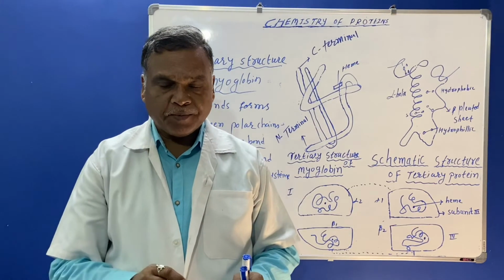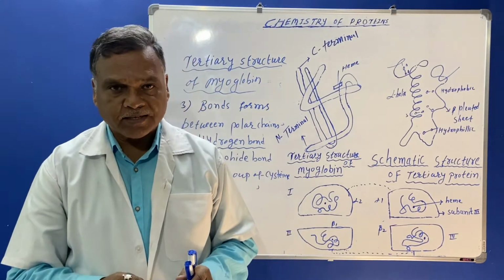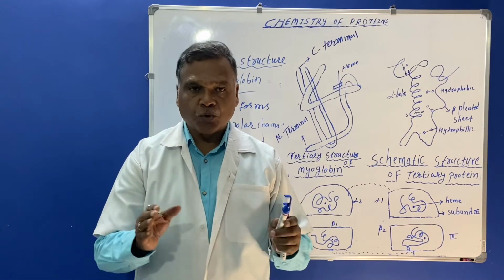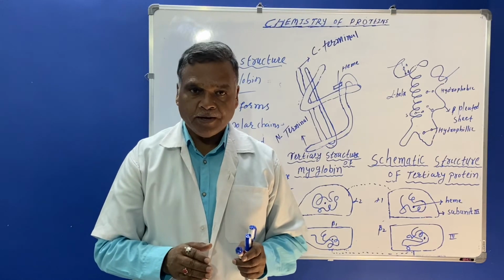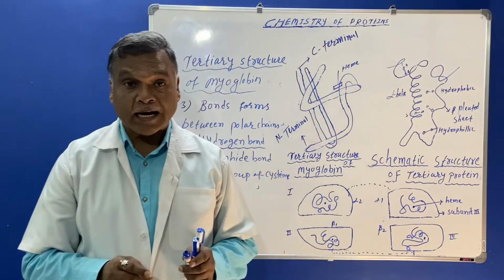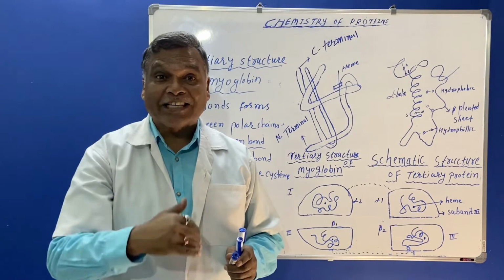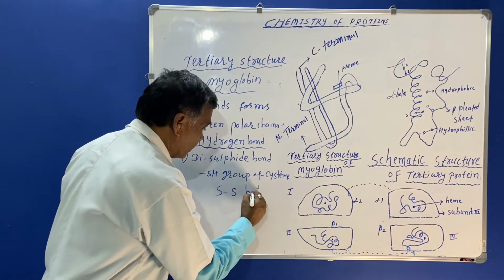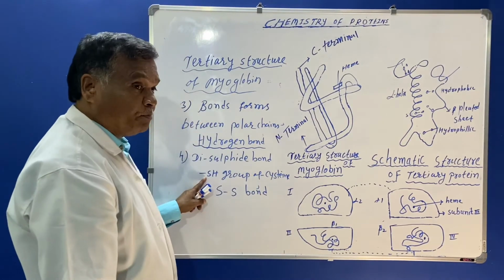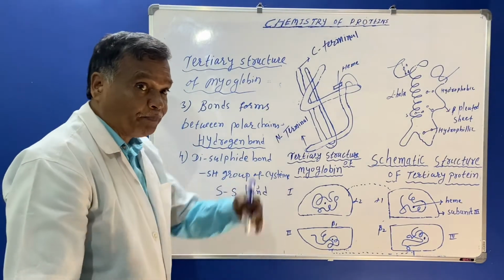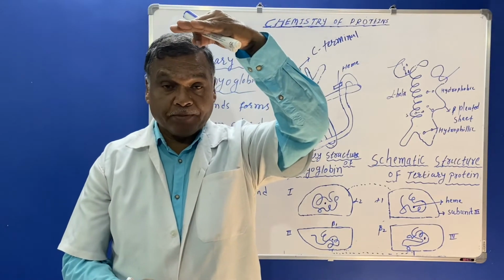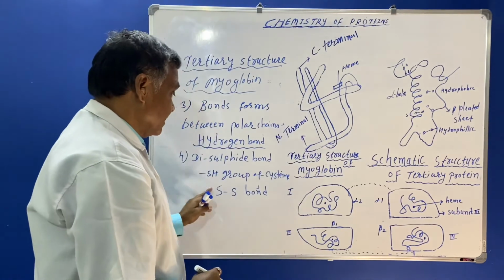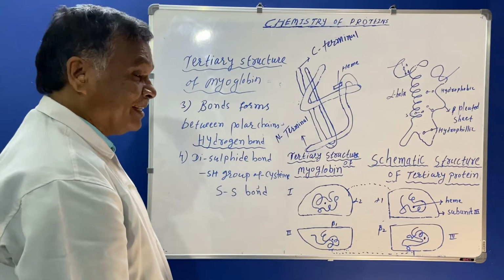In the first polypeptide 21 amino acids are present, and in the second 30 amino acids are there. So in total 51 amino acids are there in insulin. Here the bond is known as the SS bond, and it takes place between the SH group of cysteine from one polypeptide and the other polypeptide of the insulin. So the disulfide bond takes place here.